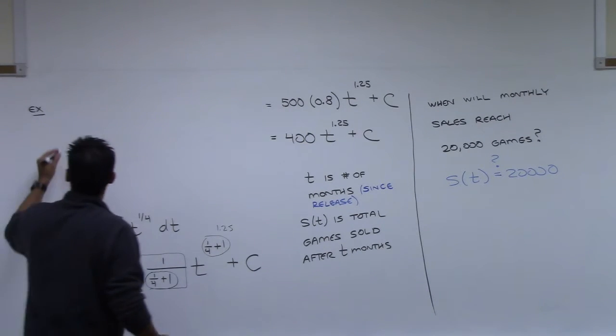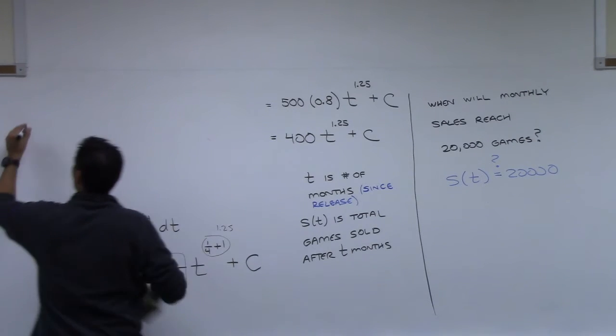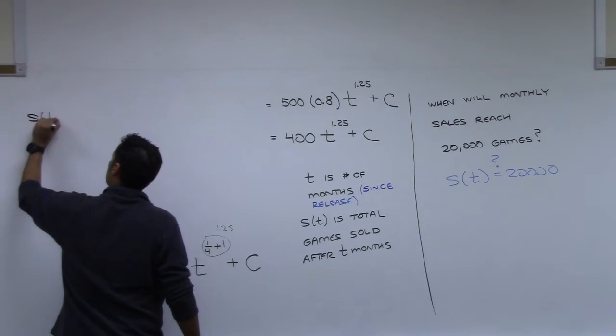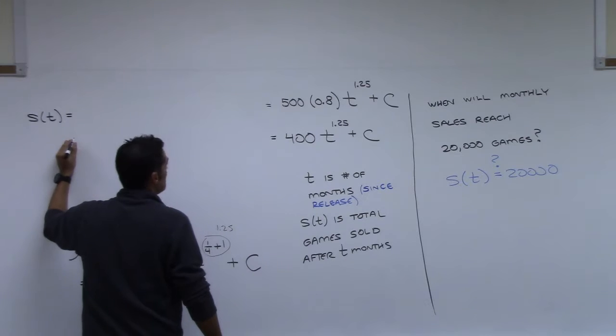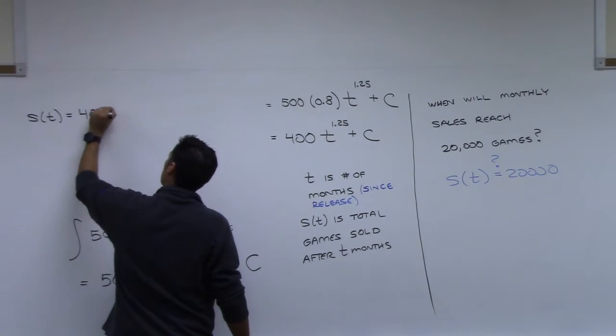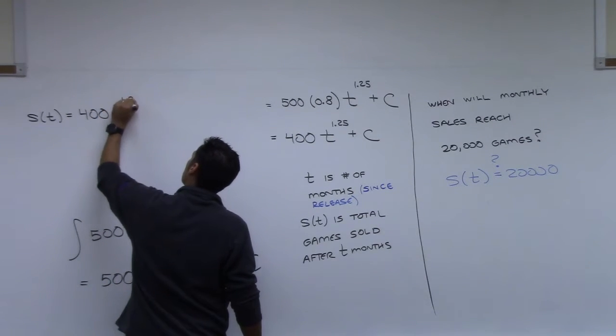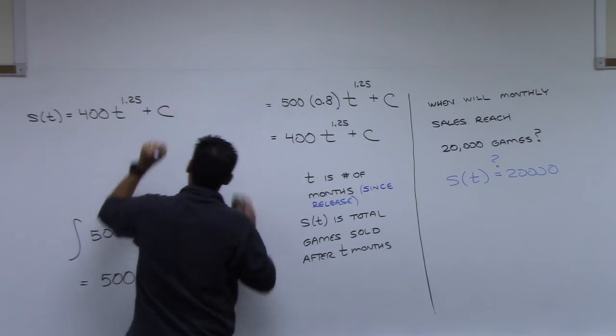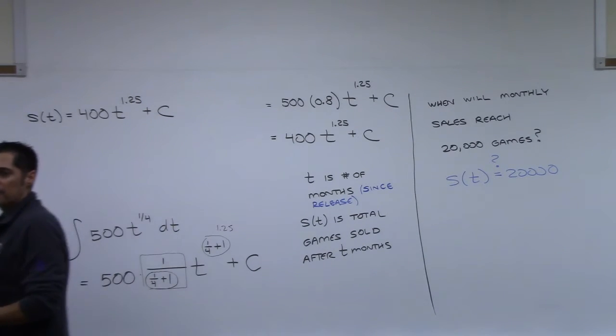So I'm going to write down right here where we are. We have what we think our function is, our s of t function, is 400 t to the 1.25 plus c. That's where we think we are, right?